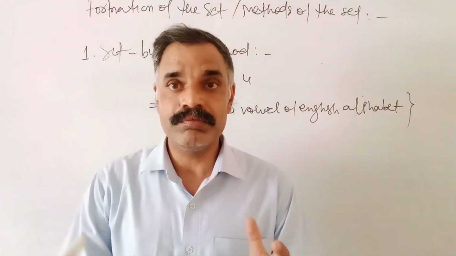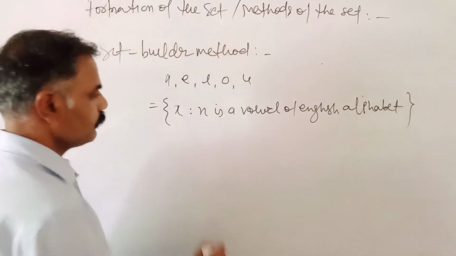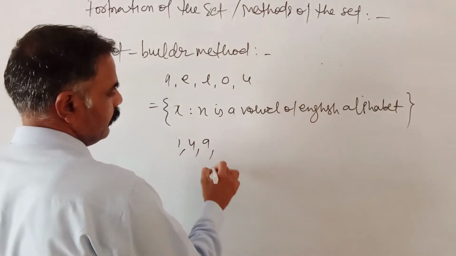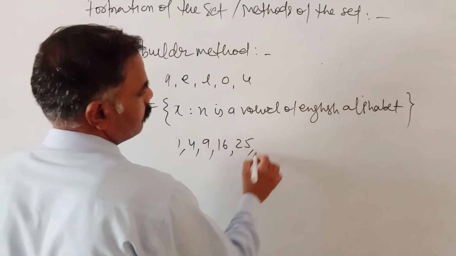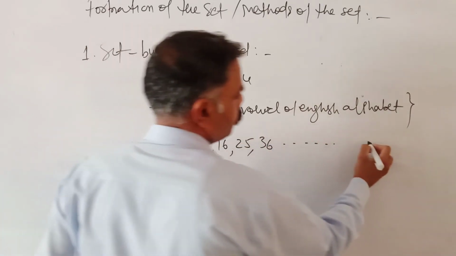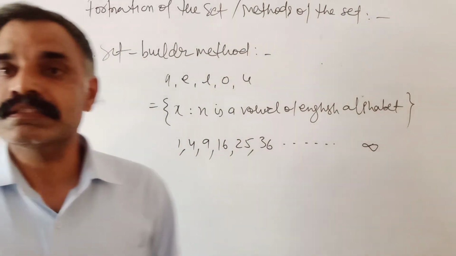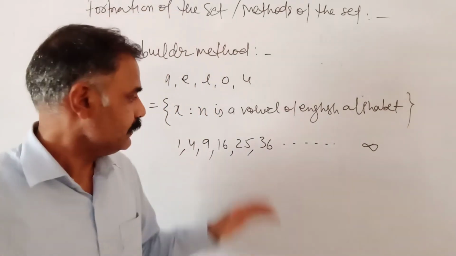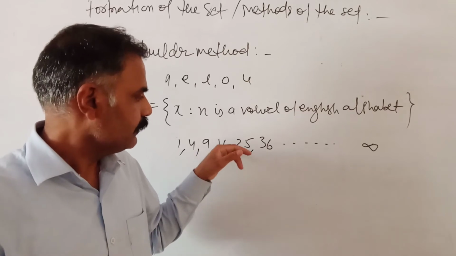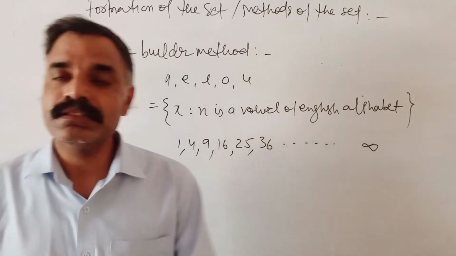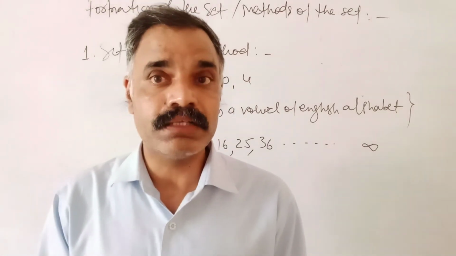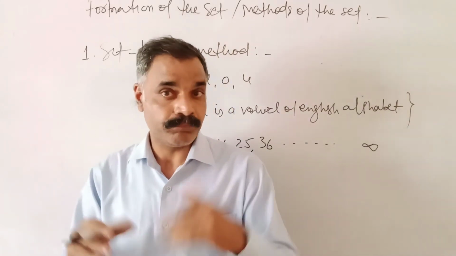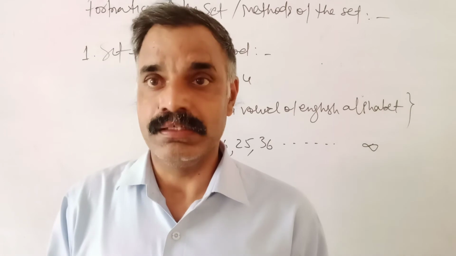Now suppose we have another collection: 1, 4, 9, 16, 25, 36 and so on up to infinity. We know that all these numbers are perfect square numbers, so the property will be perfect square numbers.